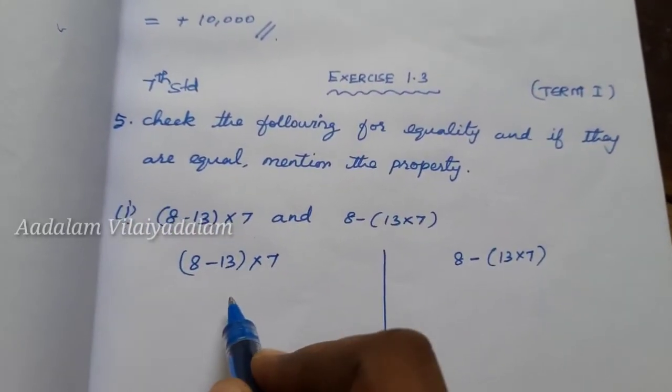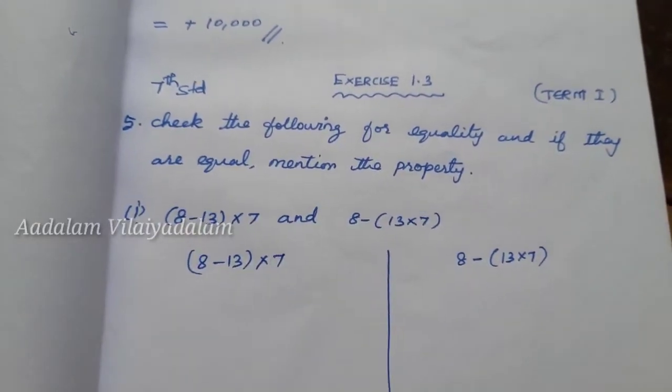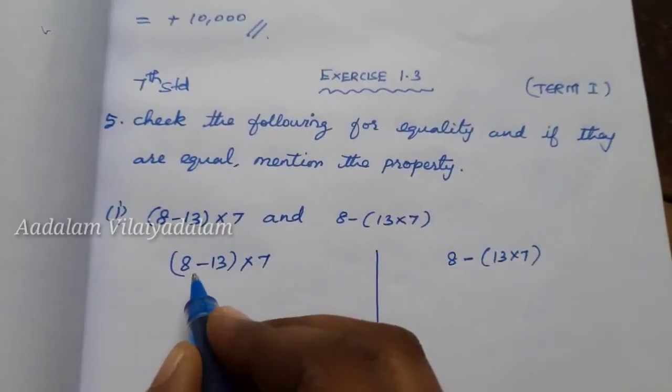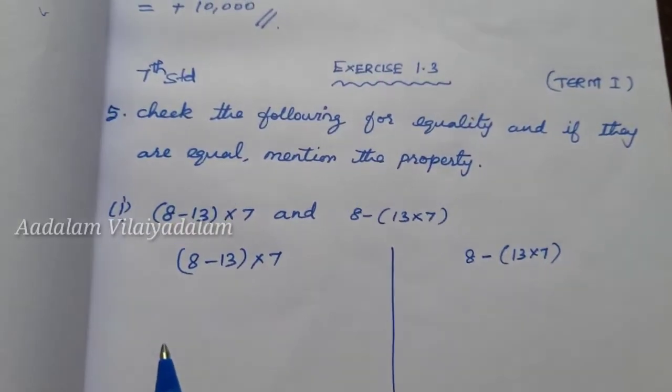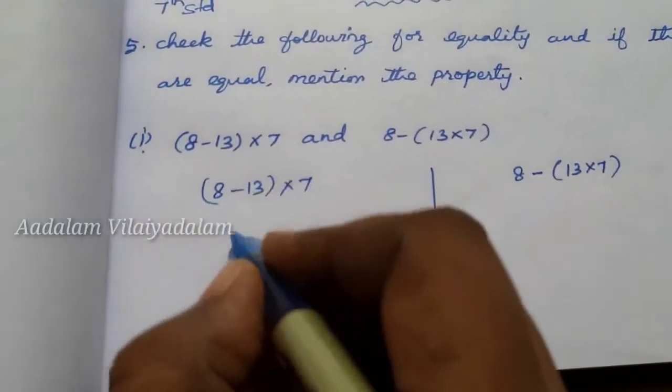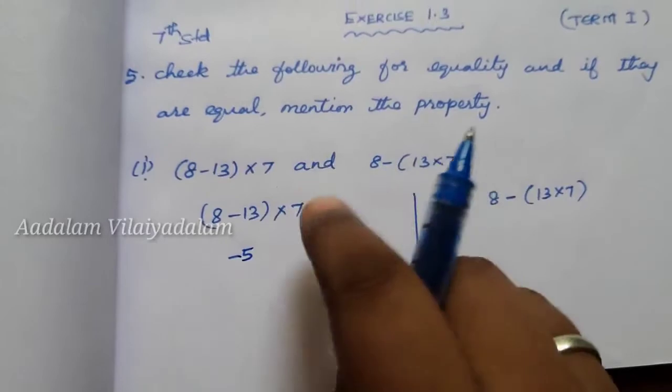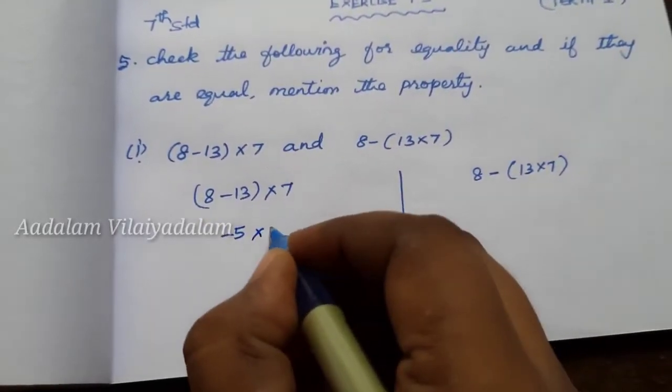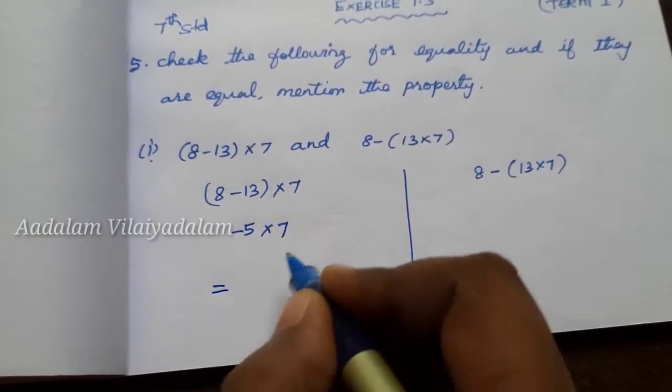So do the subtraction with the greater number's sign. So 8 minus 13, what will you get here? Minus 5. And what is the nearest number? 7.